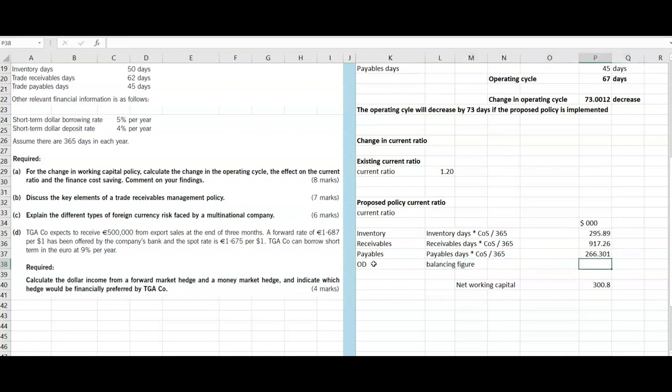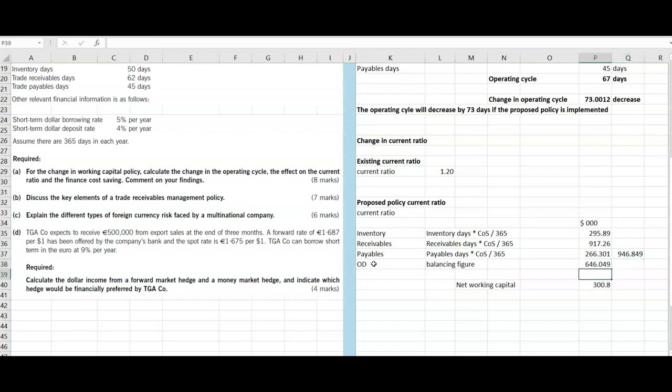Okay, so we'll work out here what the difference is. We have to add both these numbers and deduct the payables number. The answer comes to 946.89. So the difference between this number and the 300.8 should give us the overdraft.